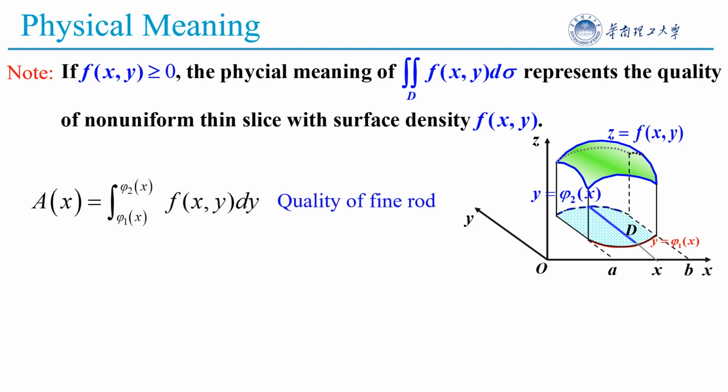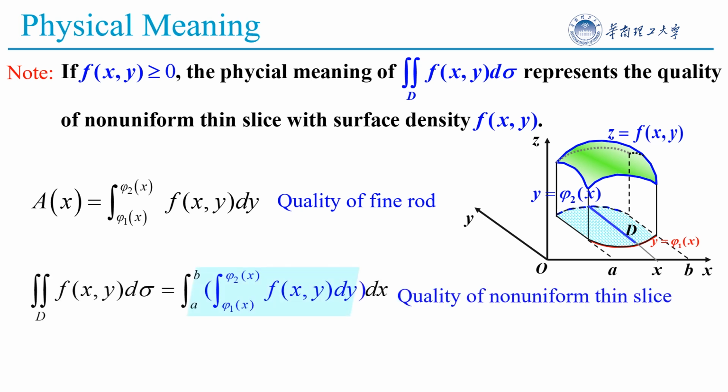A(x) is equal to the definite integral of f(x,y) from phi1(x) to phi2(x) with respect to y. This is the mass of the rod. So the double integral is equal to the mass of the non-uniform thin slice.